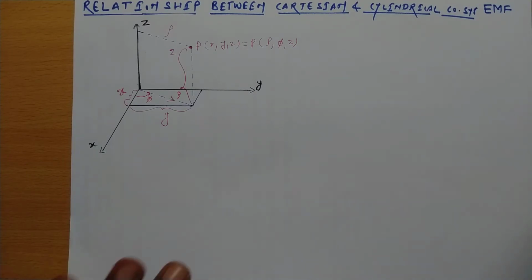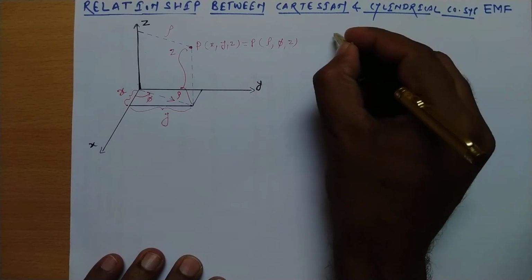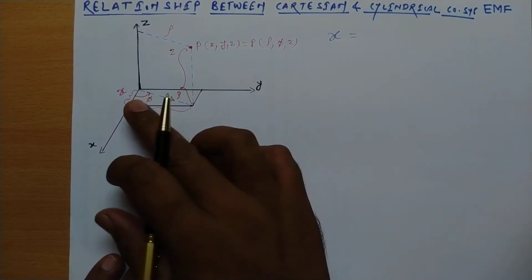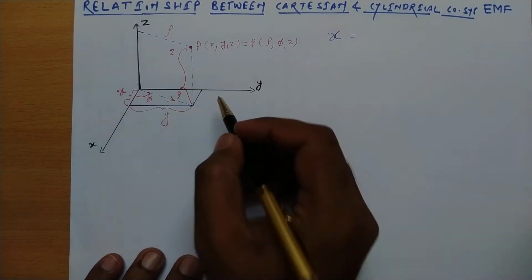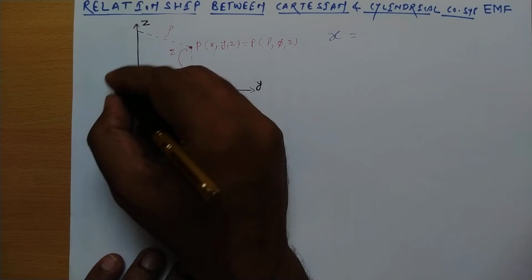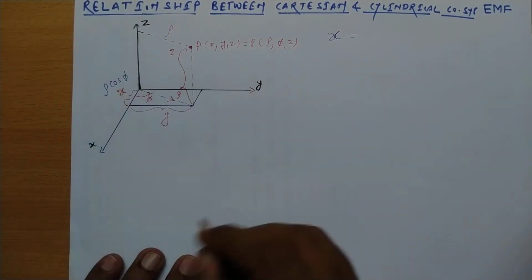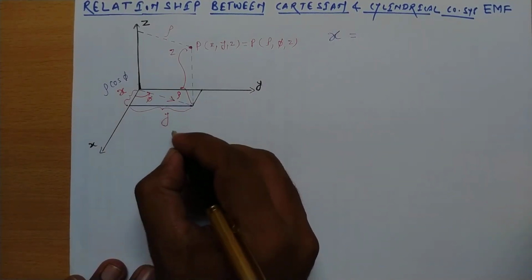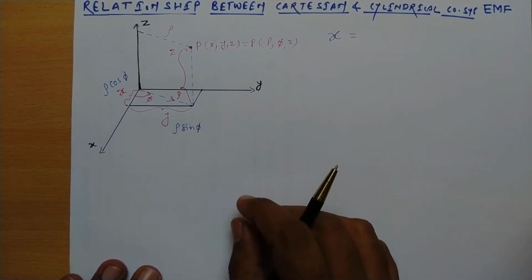If I have to write the Cartesian coordinate x, as you can see here, this factor will be given as rho cos of phi, and this one is given as rho sin of phi.